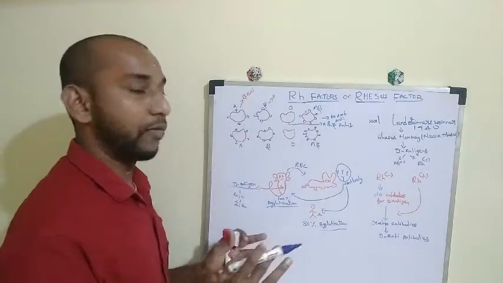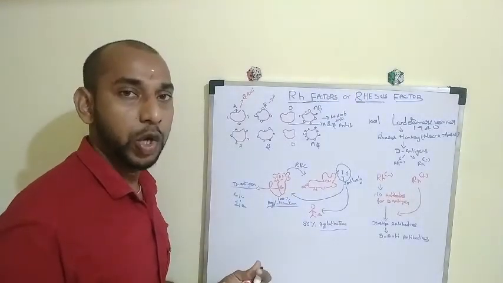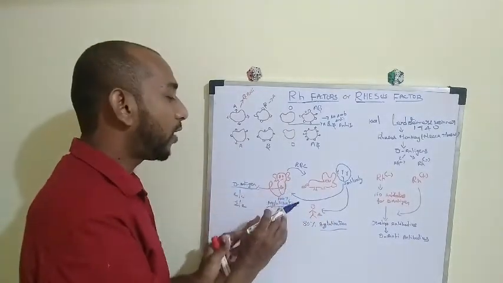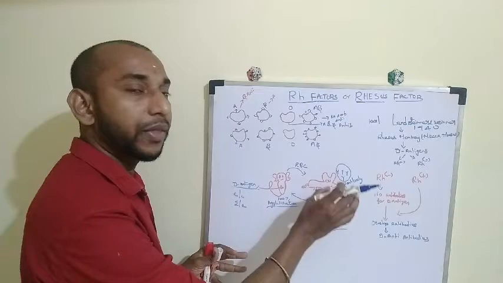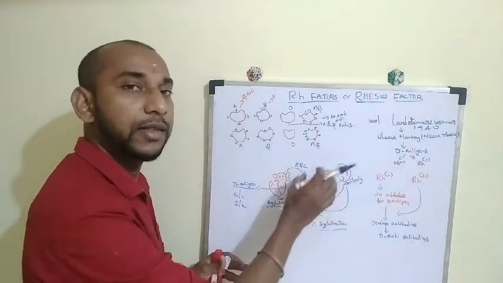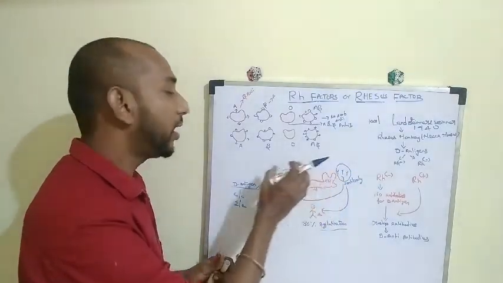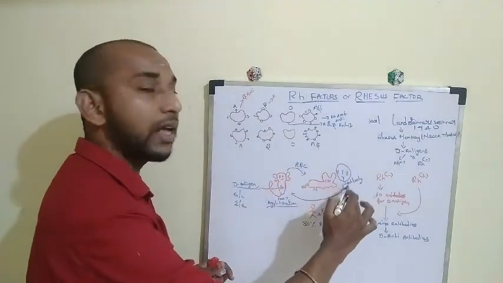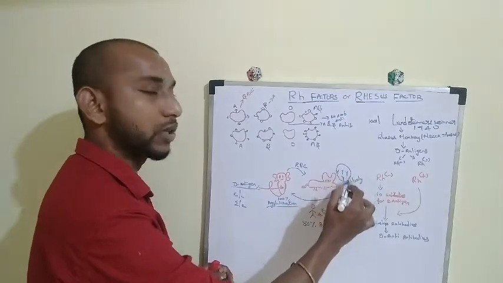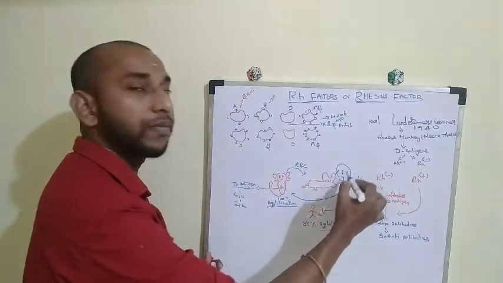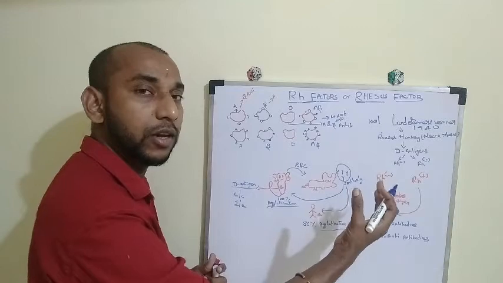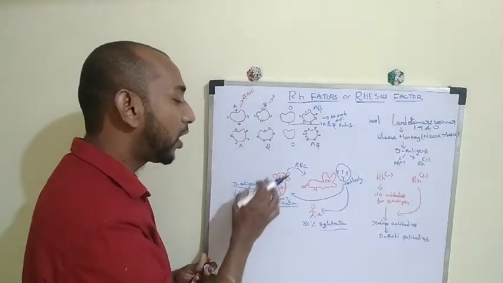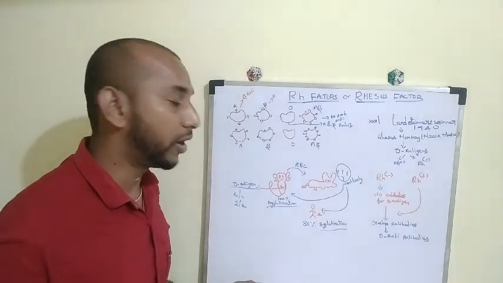Let me briefly recall. They did an experiment with a monkey and rabbit. They transfused monkey's blood into rabbit and the rabbit's immune system didn't recognize the antigen present in the monkey's red blood cell, and it started attacking the red blood cells and produced antibodies. So they collected the antibodies, or else we can say the antiserum plasma, and transfused it into monkey's blood and found the monkey's blood showed 100% agglutination.